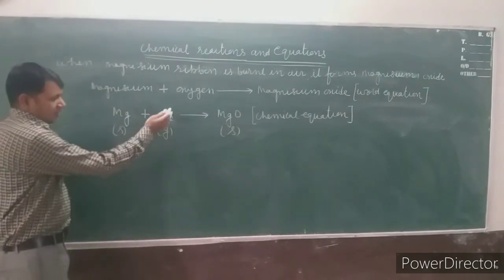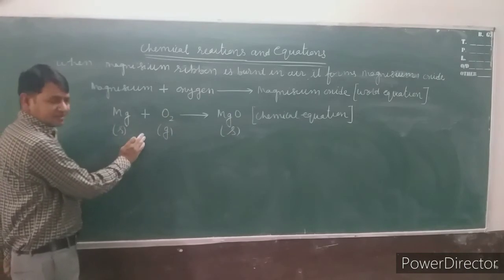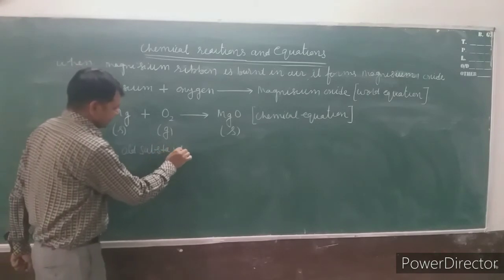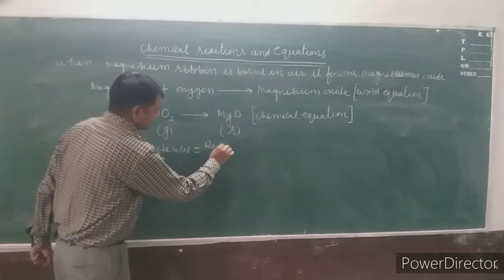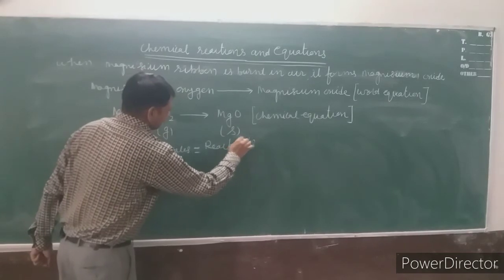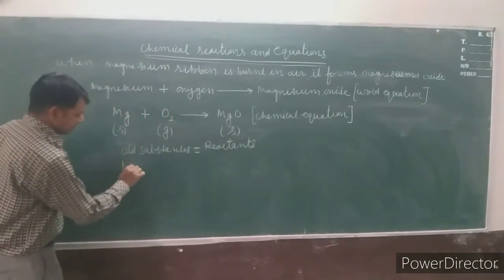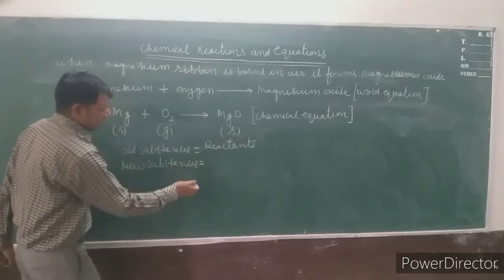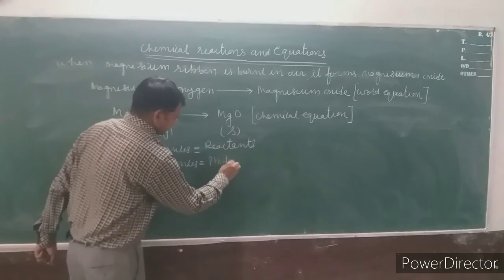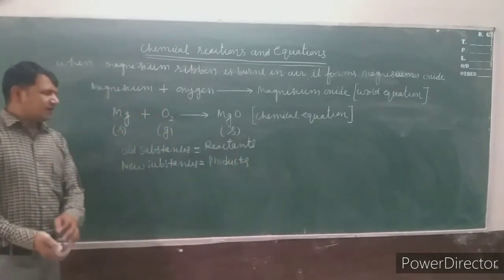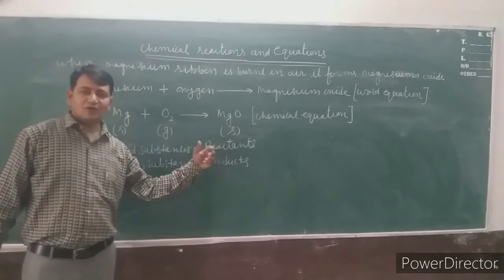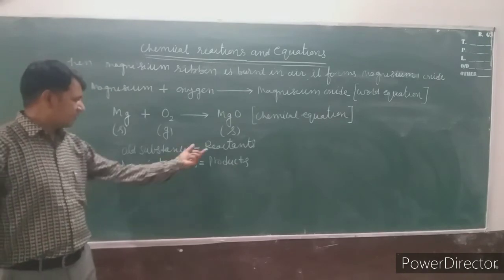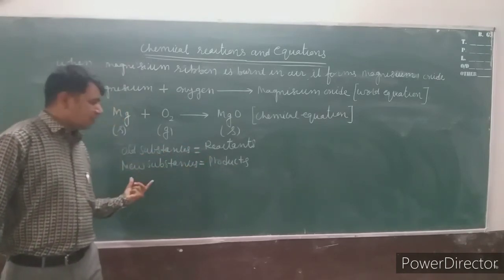Again, at the left hand side, the old substances are there. Technically, the old substances are known as reactants, and the new substances are known as products. The number of reactants may be one or more than one. In the same way, products also can be one or more than one. So reactants are old substances, products are new substances.